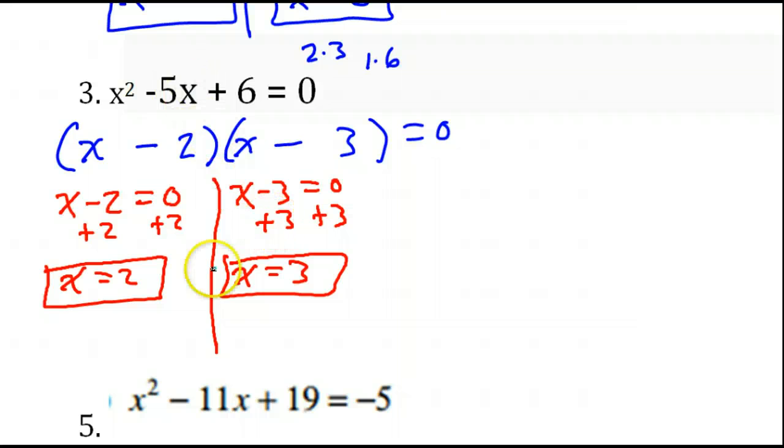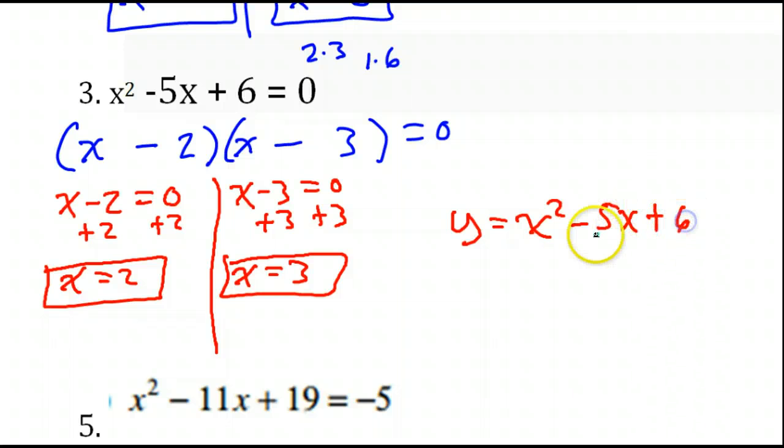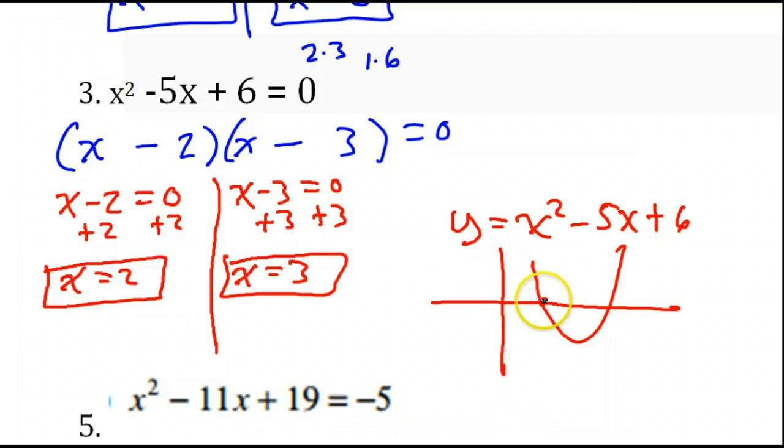Okay, and again, if I were to graph the parabola y equals x squared minus 5x plus 6, these would be the zeros of this parabola, right? We would see that it would cross the x-axis at 2 and at 3.